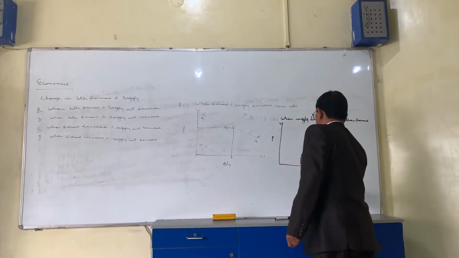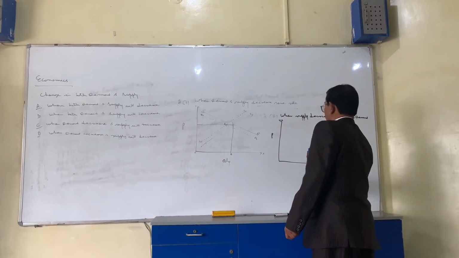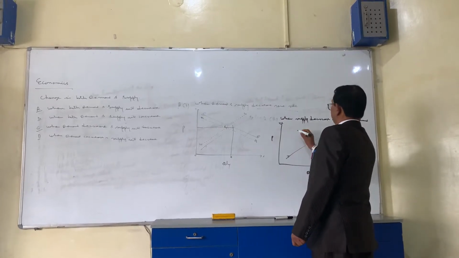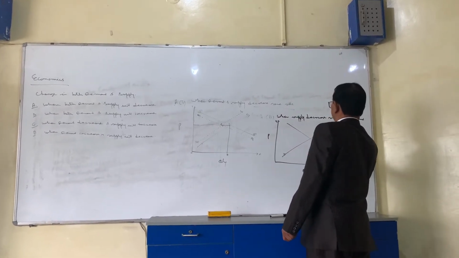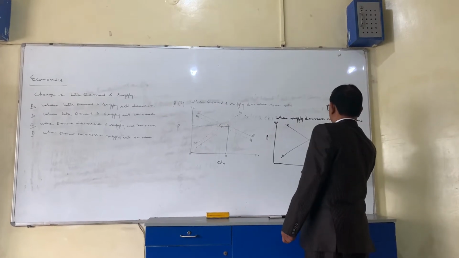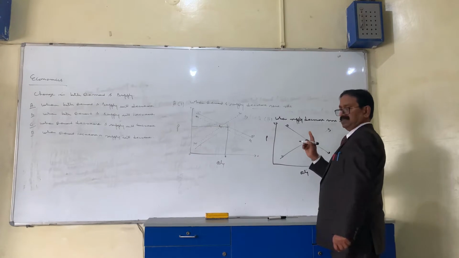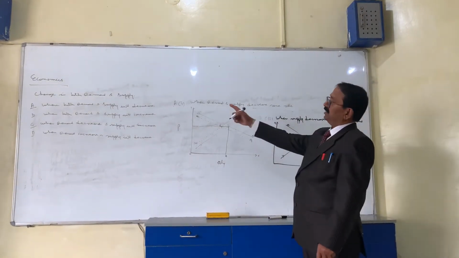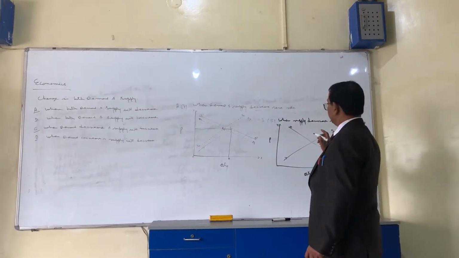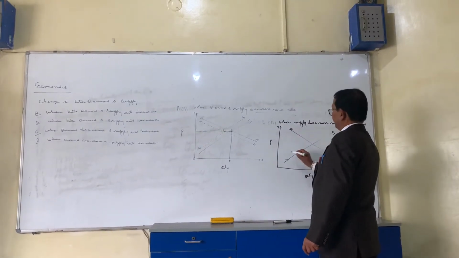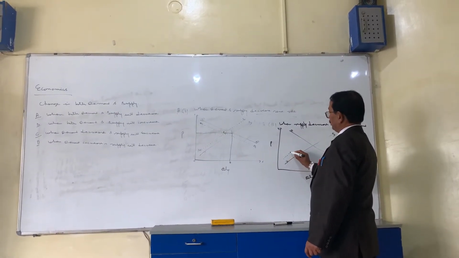This is the price, this is the quantity, this is the supply line, and this is the demand. Both are decreasing because our heading is both are decreased. So that is supply decrease more than demand. It is more, so make this one wider.